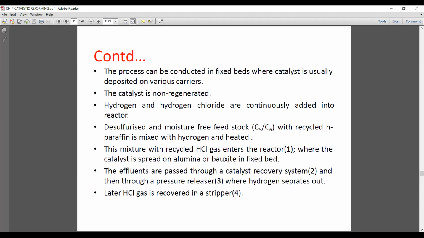This mixture with recycled hydrochloride gas enters the reactor 1 where the catalyst is spread on alumina or bauxite in a fixed bed. The effluents are passed through a catalyst recovery system and then through a pressure releaser where hydrogen separates out. Later, HCl gas is recovered in a stripper.